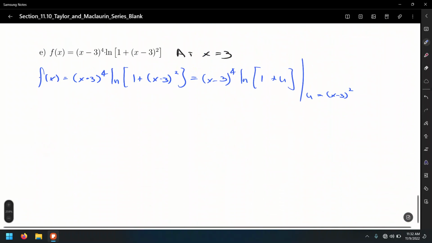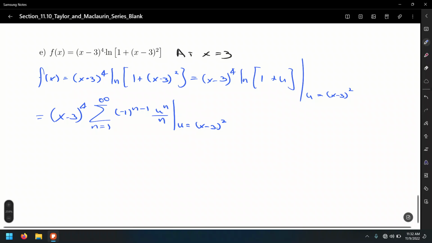I'm going to write it down here. That equals x minus 3 to the 4th times, oh, not ln, that's already the sum, n equals 1 to infinity, negative 1 to the n minus 1, u to the n over n, where our u is x minus 3 to the 2nd power.